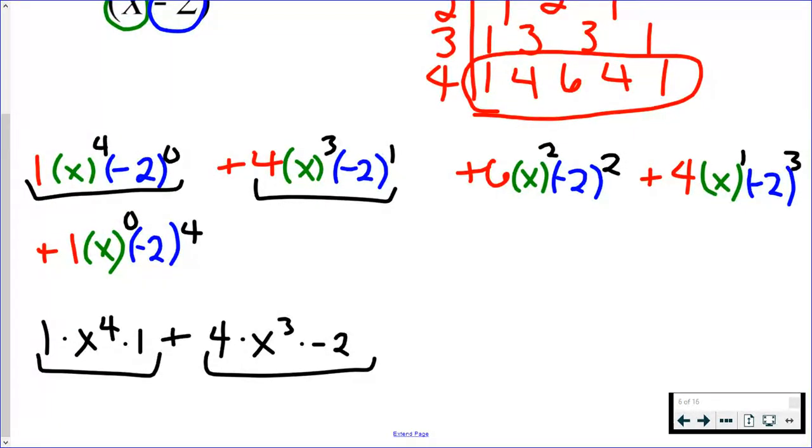So that'll end up being my second term when I'm done simplifying. I'm going to do the same thing with my remaining terms. So I have 6 times x squared times negative 2 squared is a positive 4.